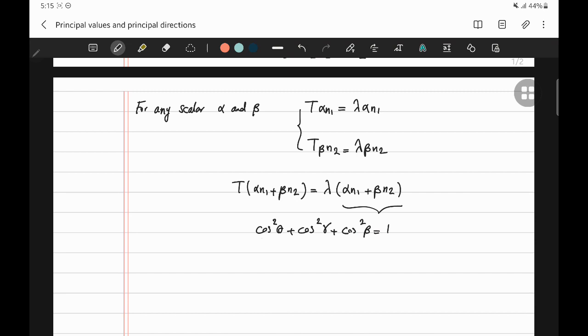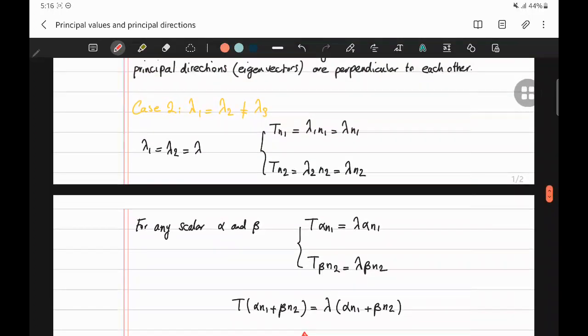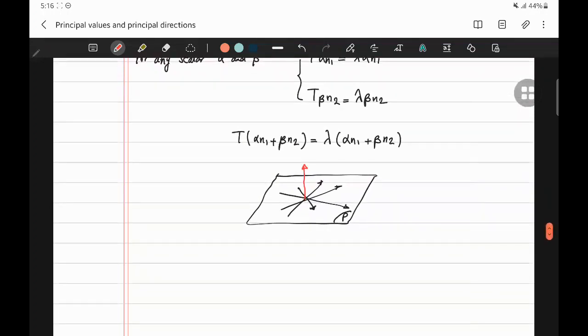So there will be an infinite number of n1 and n2s, for example like this, or like this, or any kind of n1 and n2 vectors, infinite number of them, which create a plane, let's say plane P, where we have the third one. Because lambda 1 equals lambda 2, they're not equal to lambda 3. So this is n3 here, which is perpendicular to this plane.